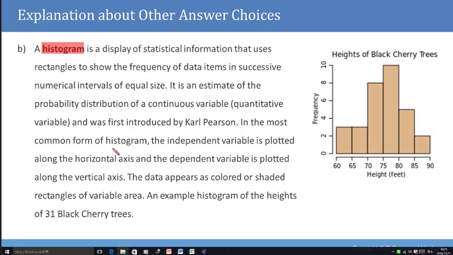In the most common form of histogram, the independent variable is plotted along the horizontal axis, and the dependent variable is plotted along the vertical axis. The data appears as colored or shaded rectangles of variable area. An example histogram of the heights of 31 black cherry trees.